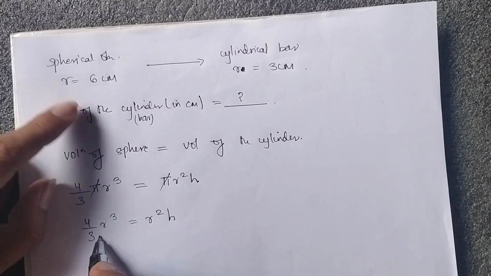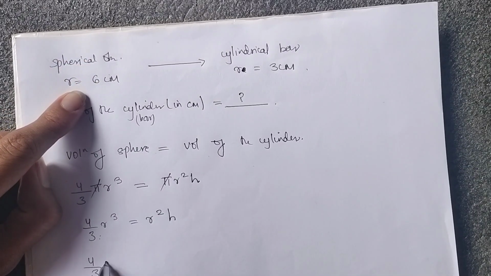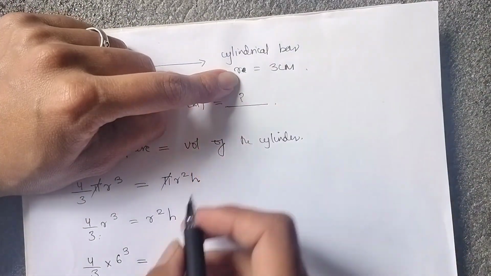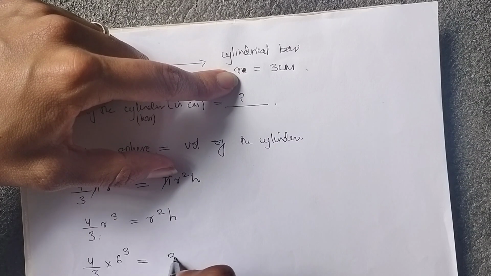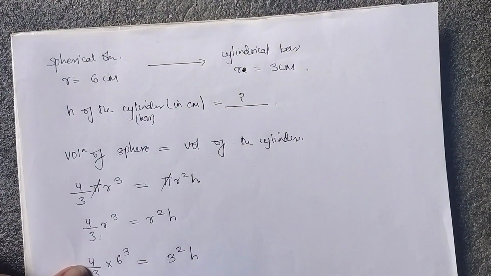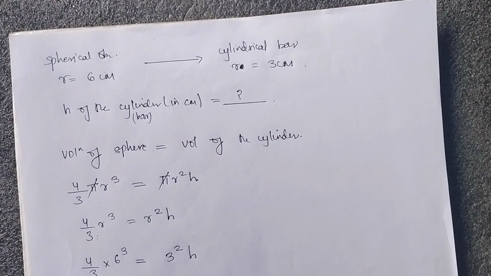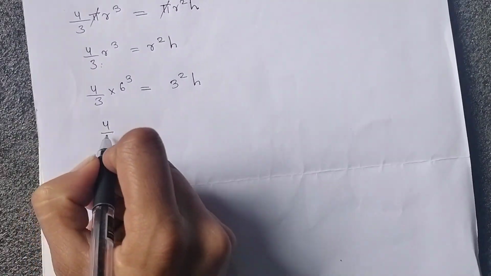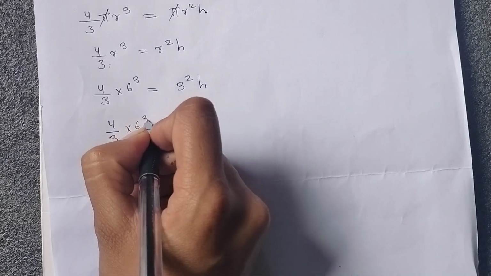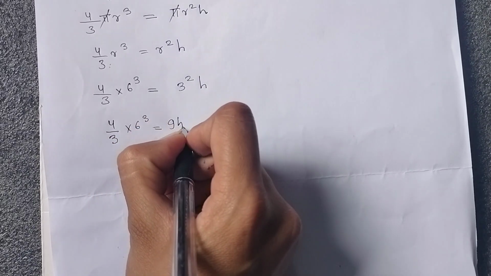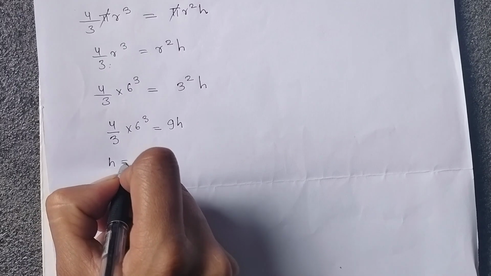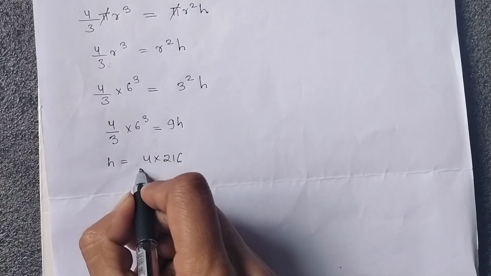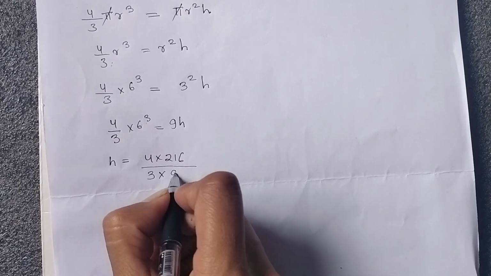So this one is for sphere. So 4 by 3 into 6 cube will be equal to the cylindrical bar having radius 3 square h. So 4 by 3 into 6 cube is equal to 9h, or h is equal to 4 into 6 into 6 into 6 by 3 into 9.